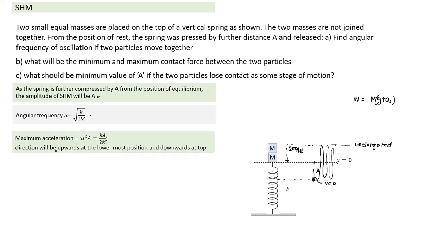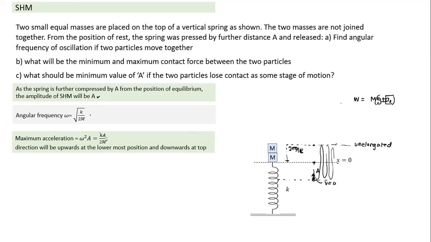So what is the maximum variation in contact force? The maximum variation is when acceleration is maximum. That's the time when acceleration is plus or minus a naught. Maximum acceleration, we know, is omega squared A. At the lowest point, the direction of acceleration is upwards.